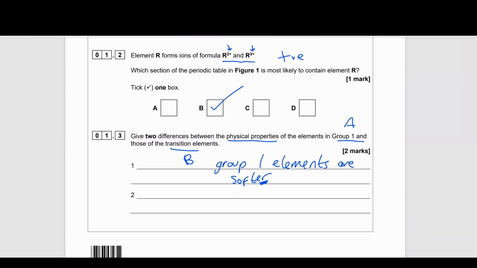A second difference, well, we could talk about the melting or boiling point. Again, our transition metals are going to have higher melting points. So group 1 elements will have a lower melting point.